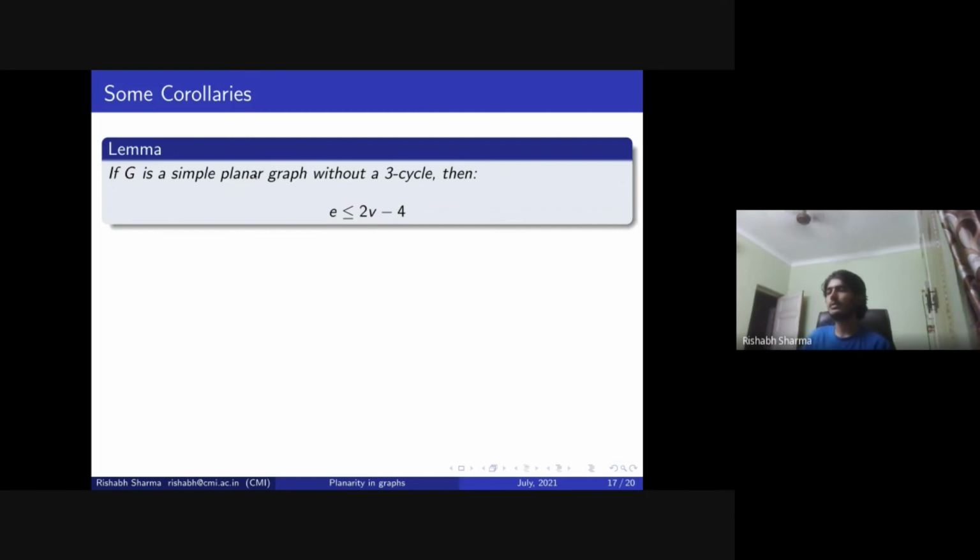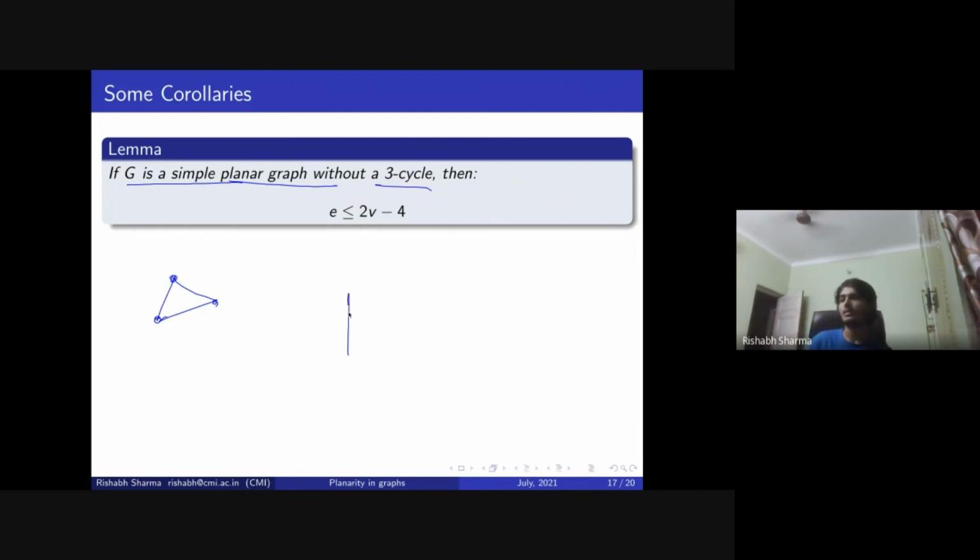So this lemma, okay. So now we assume that G is a simple planar graph, and this time it is without a 3 cycle. So a 3 cycle is just a triangle. Yeah. So we are assuming that our graph does not contain a triangle in it.